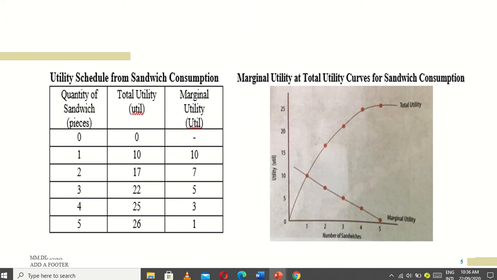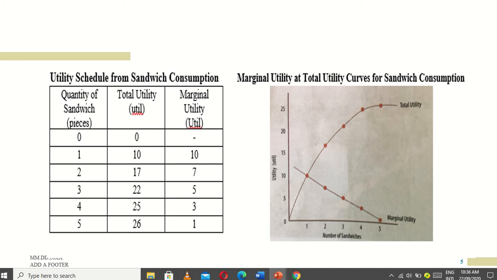Let's have this example in your modules, the utility schedule from sandwich consumption. Let's assume for one sandwich, your total utils there is 10. So all in all, your total utility is 10, and your marginal utility is 10 also. The consumption of another sandwich makes your total utility 17.